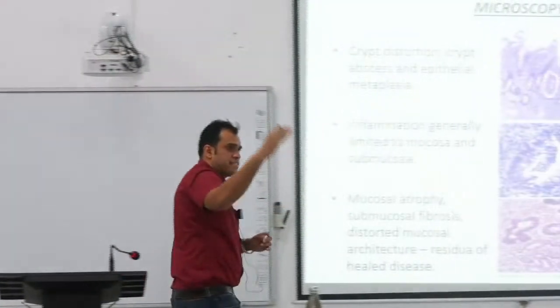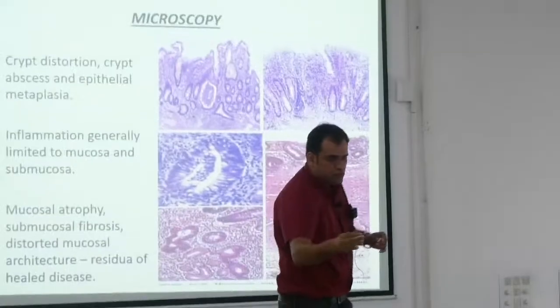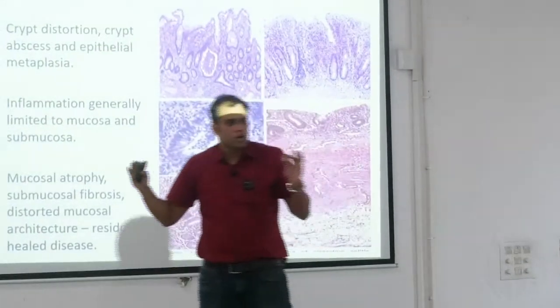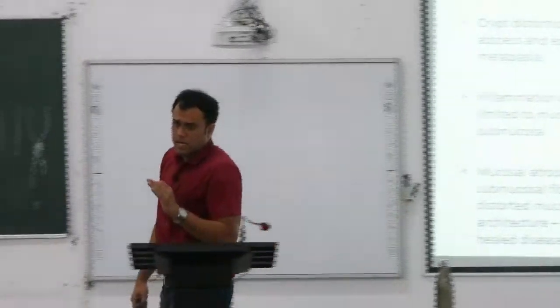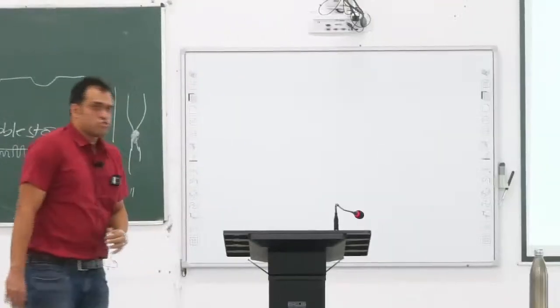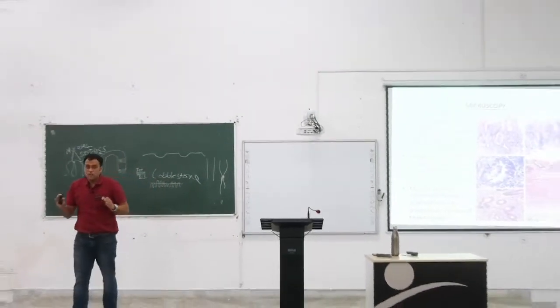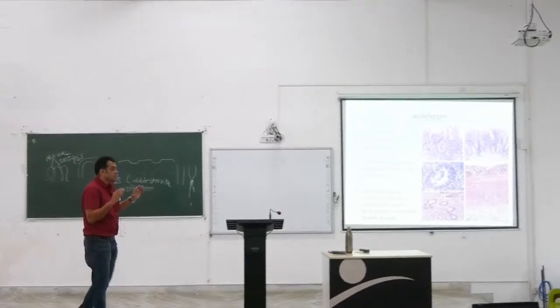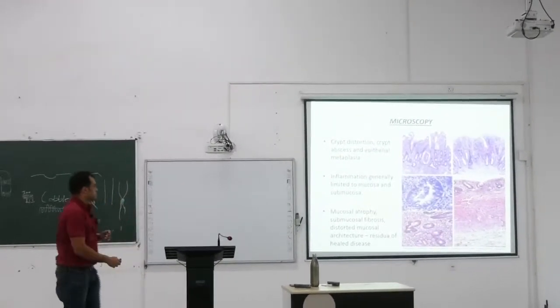Crohn's disease has transmural involvement, whereas ulcerative colitis extends up to the mucosa and the submucosa, not more than that generally. And mucosal atrophy, submucosal fibrosis, distorted mucosal architecture, these are all residual evidence of chronic disease. Just remember this point.